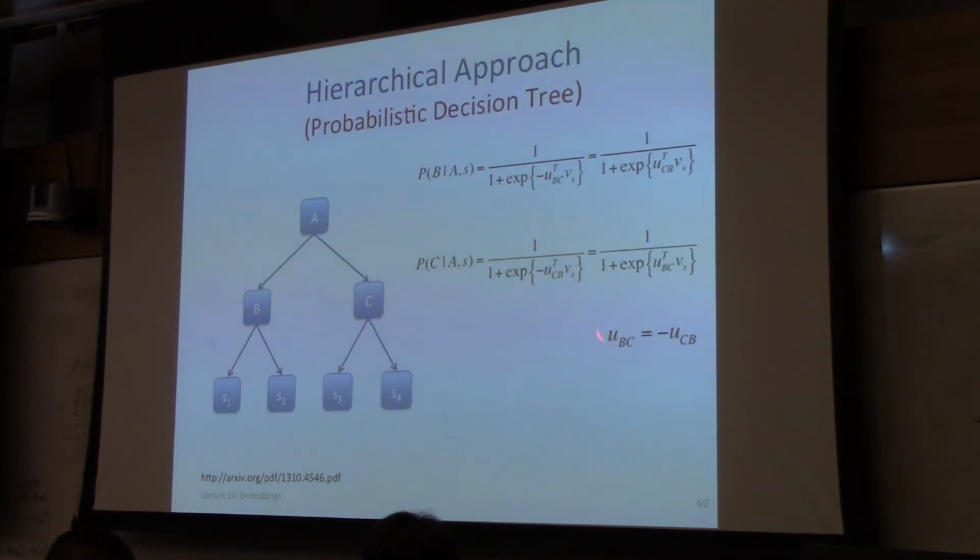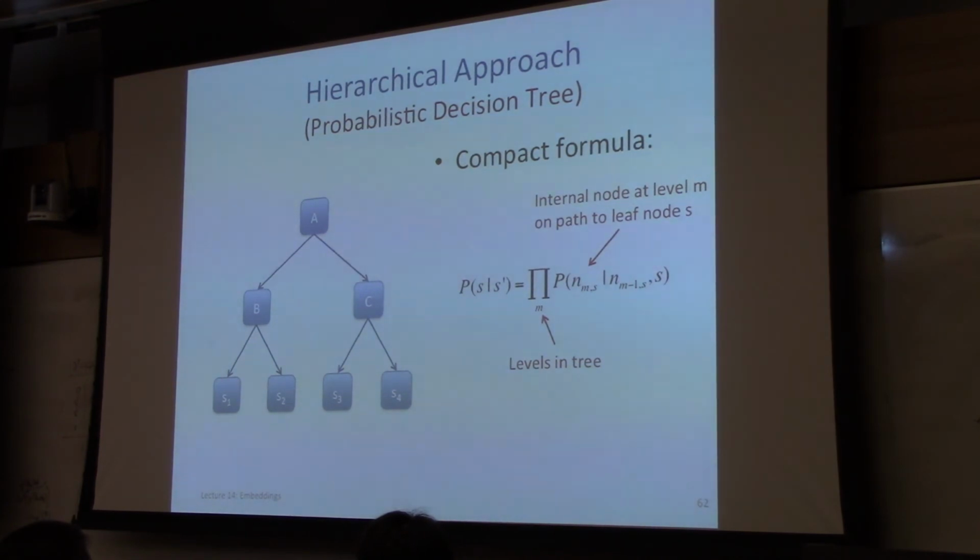So these are forced to be negatives of each other. In the lower branch, sorry that I'm rushing through this, we branch to the word s1, conditioned on having reached b, with this probability, and we branch to the word s2 with this probability, and they sum to 1 because these two are forced to be negatives of each other.